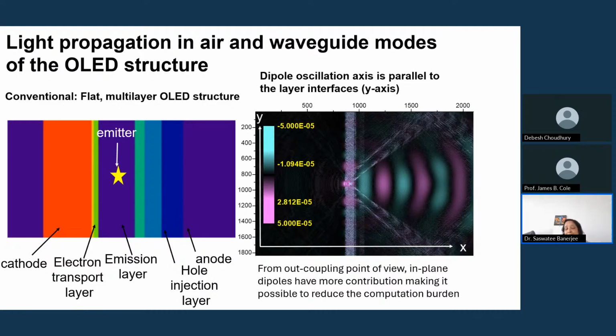These layers are there just to boost the quantum efficiency. A lot of device design goes into this to make sure that we have enough IQE, or internal quantum efficiency.